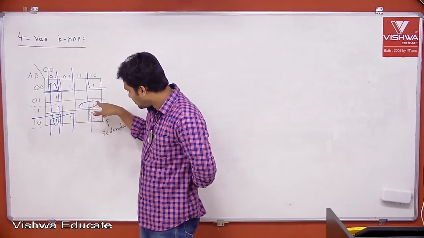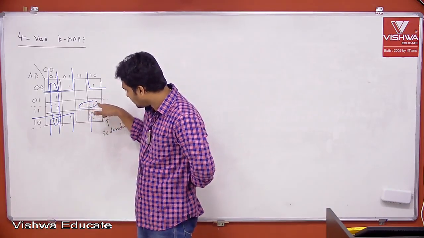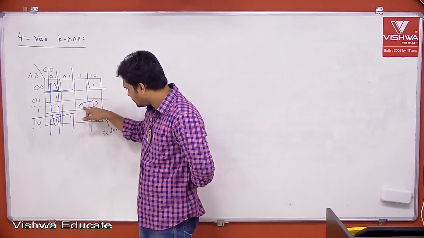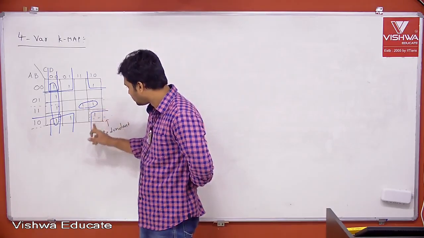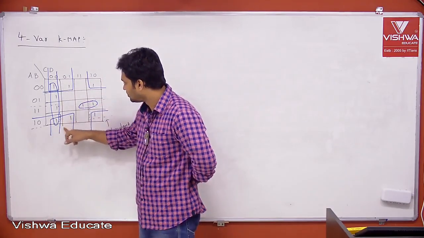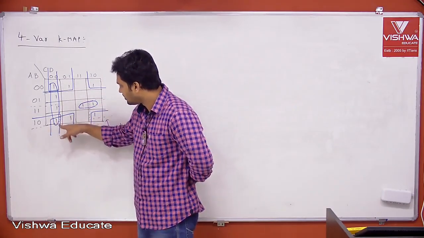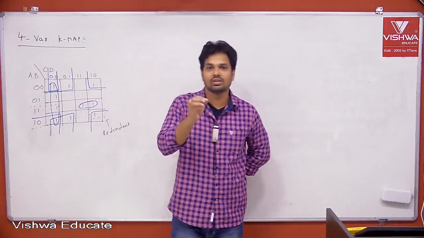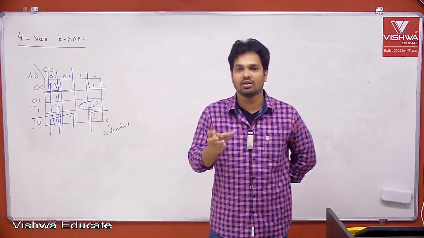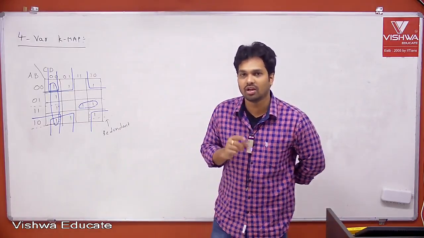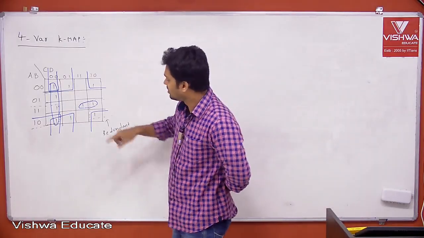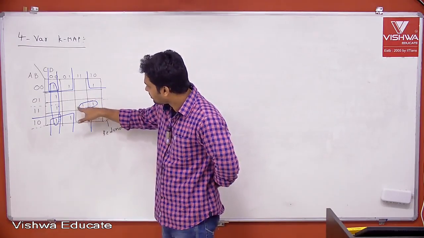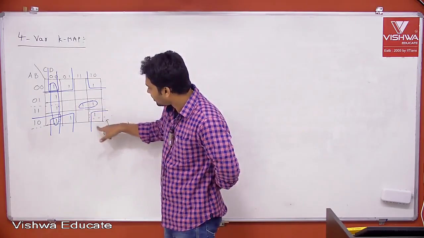Once you have covered this one by this pair, you observe in this quad, this one is already covered by this pair, this one is already covered by some other quad, this one also covered by some other quad, this one also covered by some other quad. So all the ones are already covered by some other quads. You may have the main doubt, sir, this one is covered by the pair, you are giving preference to the pair compared to the quad, why?